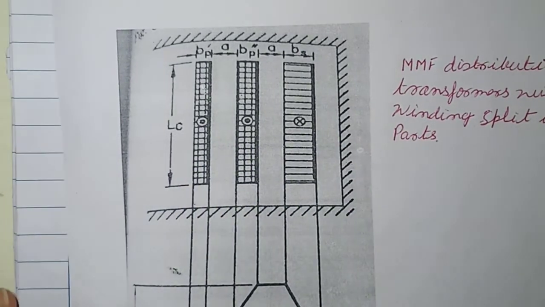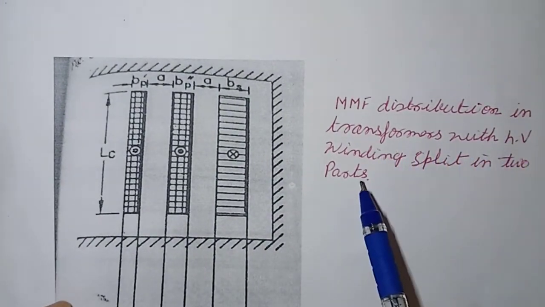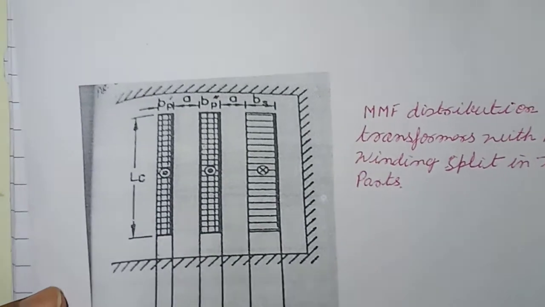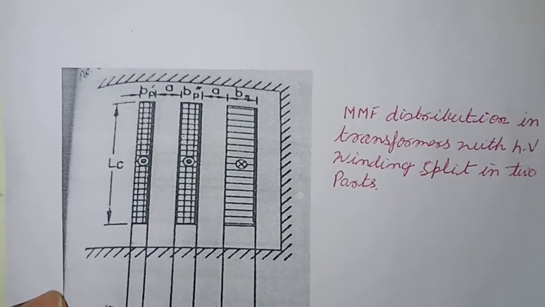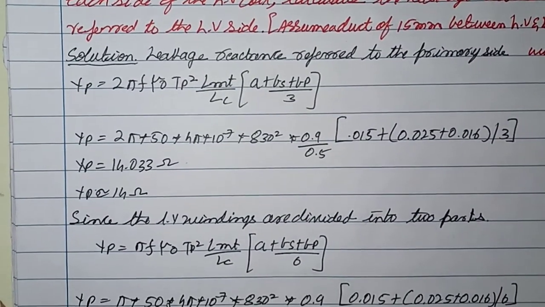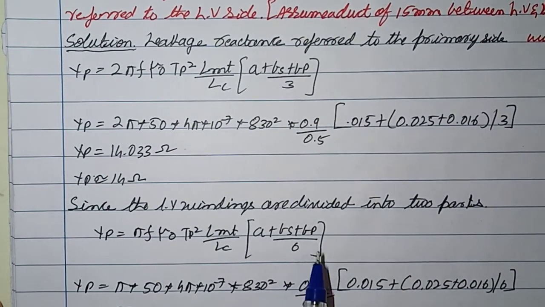This is the MMF distribution in a transformer with the winding split into two parts. When it is not split, we have the standard equation, which is directly taken. When it is split, we get this equation.